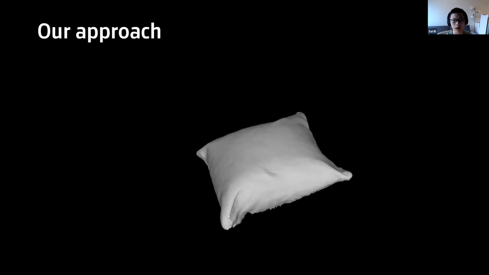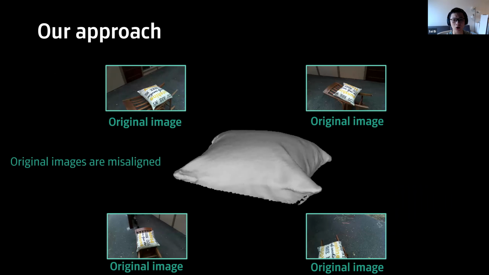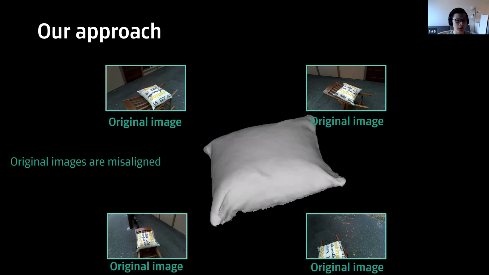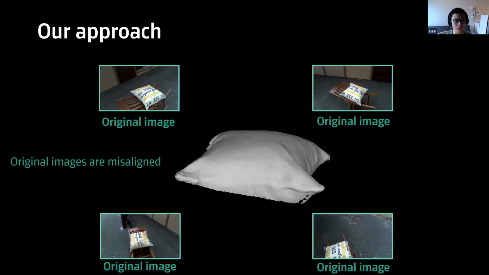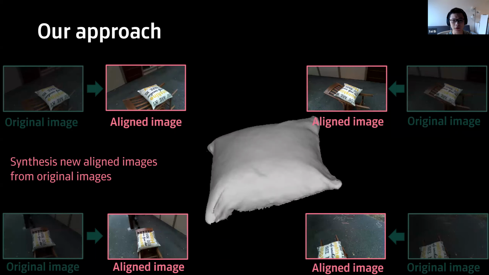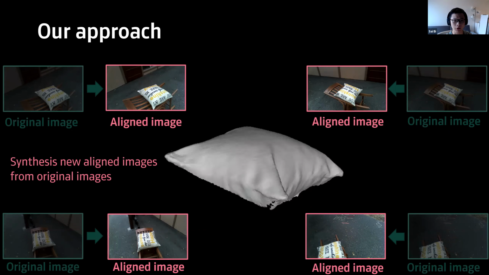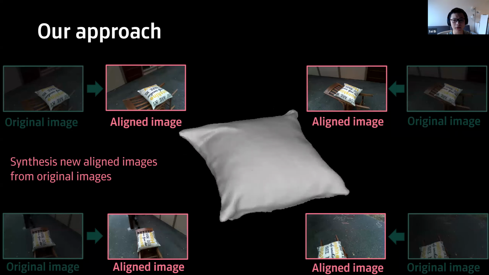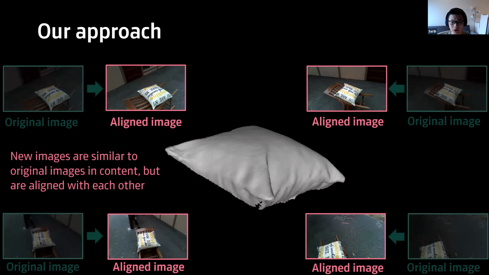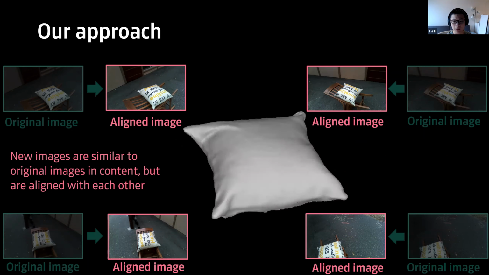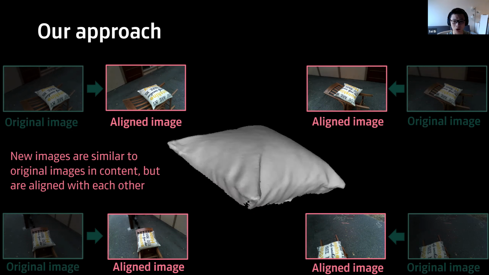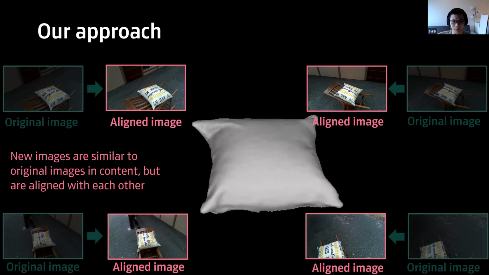In this work, instead of projecting and blending the original images, which are misaligned with respect to the geometry and camera poses, we propose a novel global patch-based optimization system to synthesize an aligned image for every input image. The synthesized images have most of the information of the original images and are similar to them, but are aligned with each other as a result of our global patch-based optimization system.